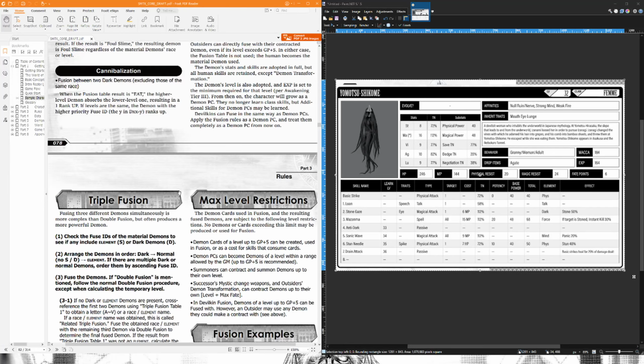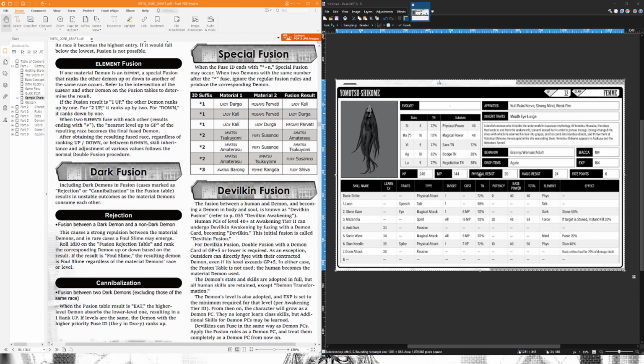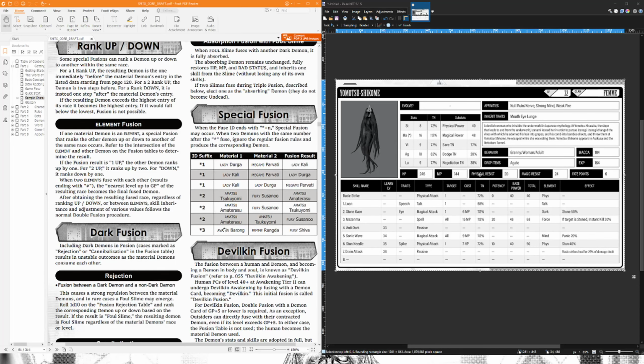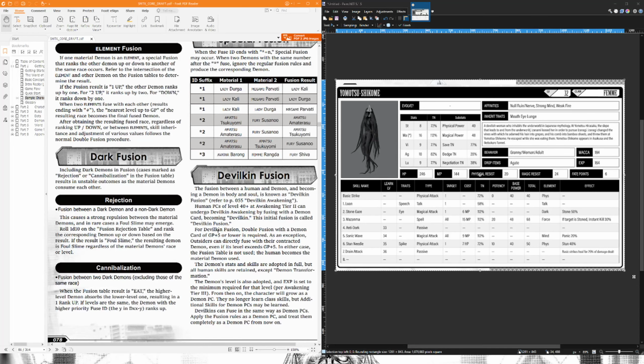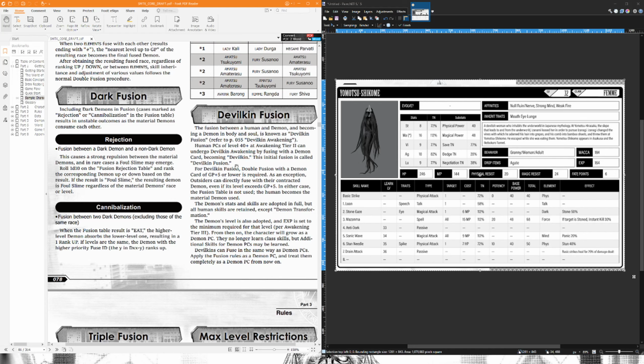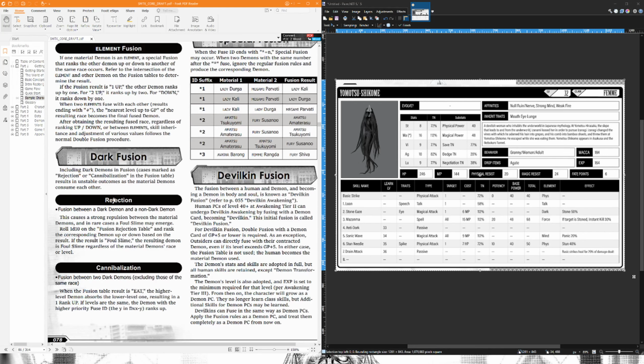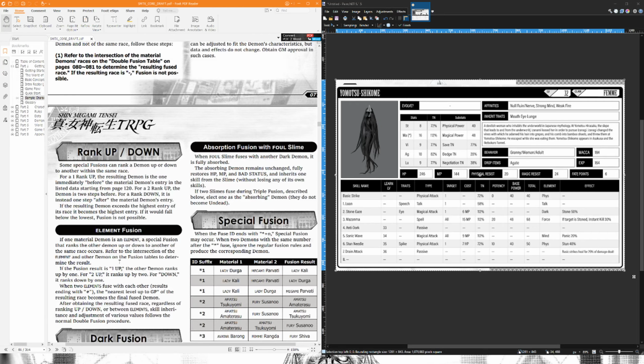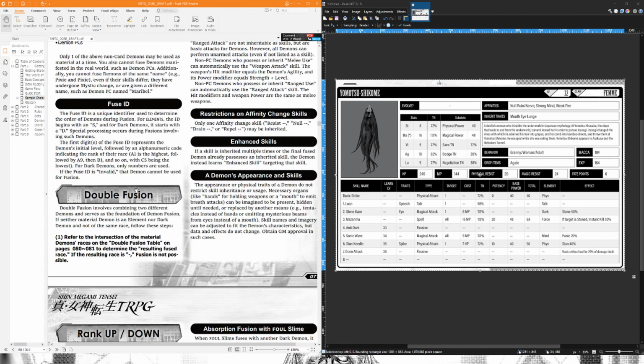So there's triple fusion, double fusion. You can ignore double fusion because it's just a human PC turning into a demon, and there's actually nothing. They write a lot about it, but it's just normal fusion. Dark fusion with rejection and cannibalization. Absorbing slimes, element fusion, and ranking up and down.